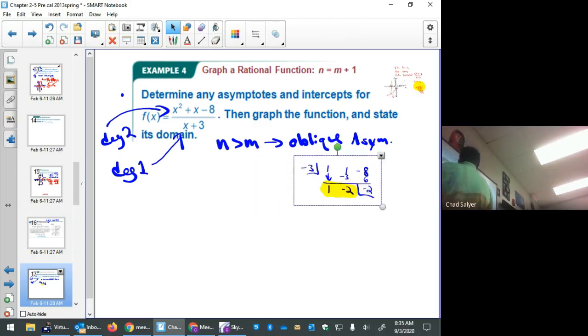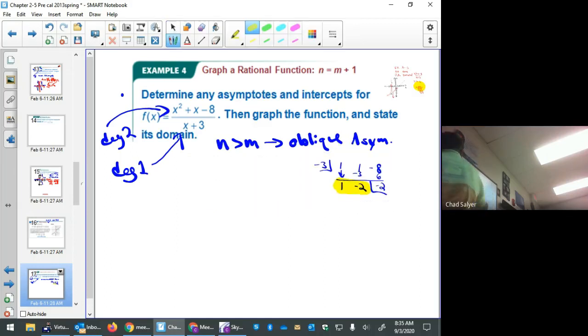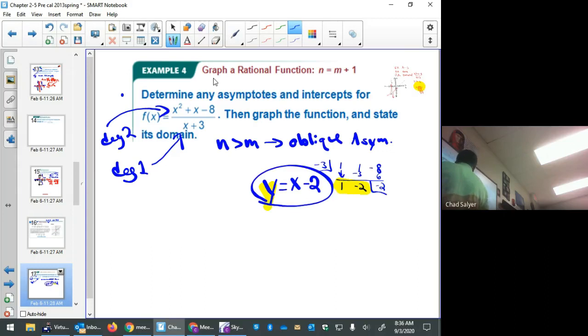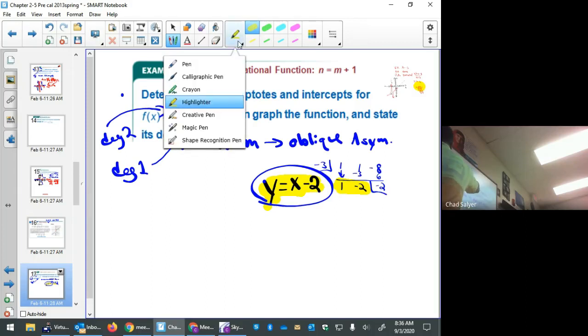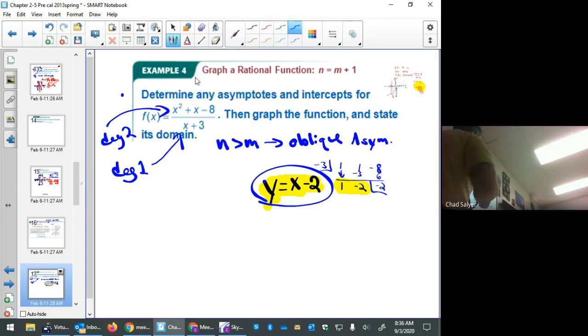In order to find the oblique asymptote, you perform the division. And then you use that to write the quotient polynomial, and that is your oblique asymptote, x minus 2.